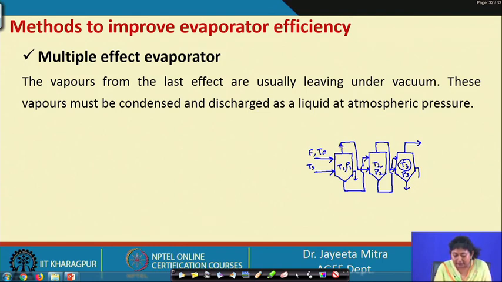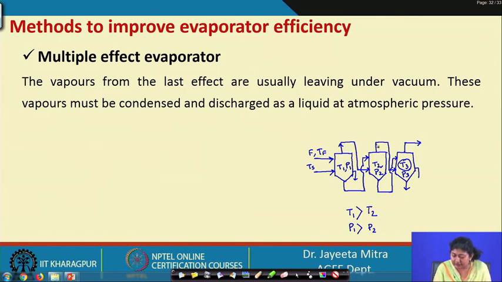So, if our first effect operates at atmospheric pressure, the vapor that is coming out at that atmospheric pressure and temperature will again be condensing here in the second effect. So, temperature T1 must be greater than T2, or pressure P1 must be greater than the pressure P2 in the second effect.